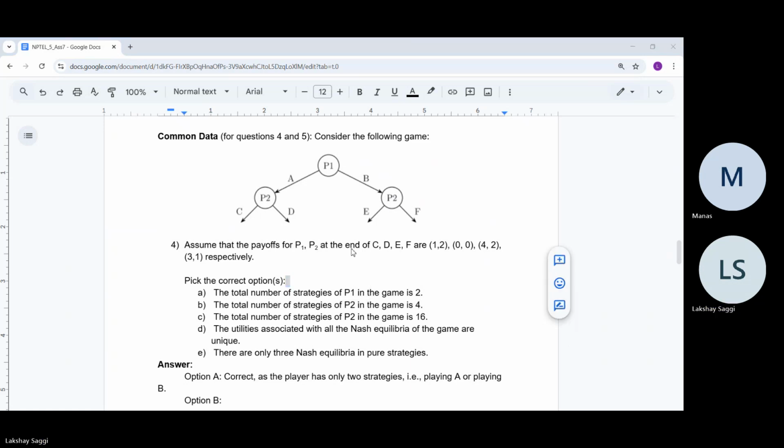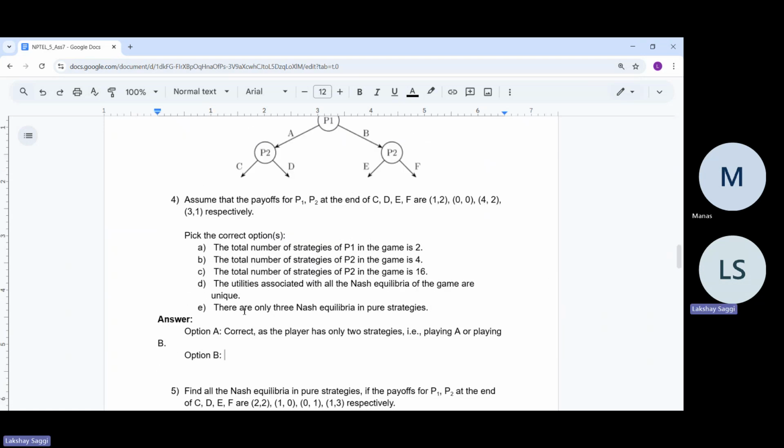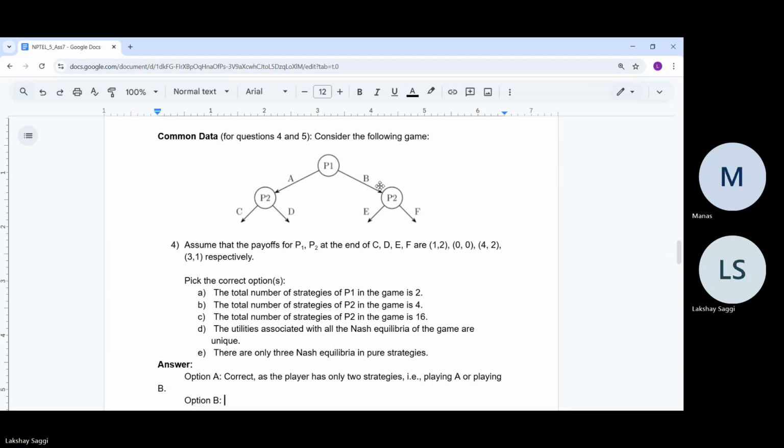Okay, so Manas is saying that this option is true, that the total number of strategies is 4. Good job, Manas. So this is correct.